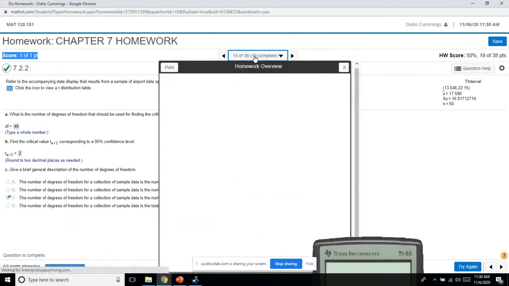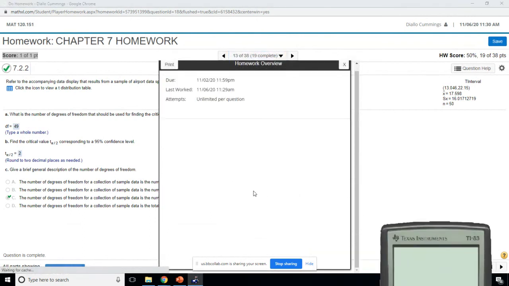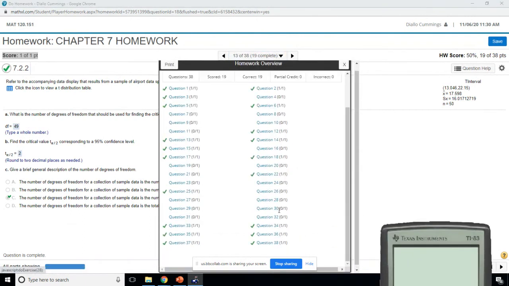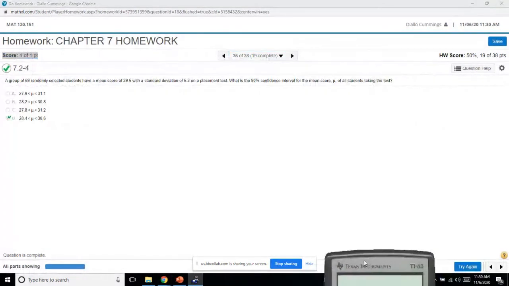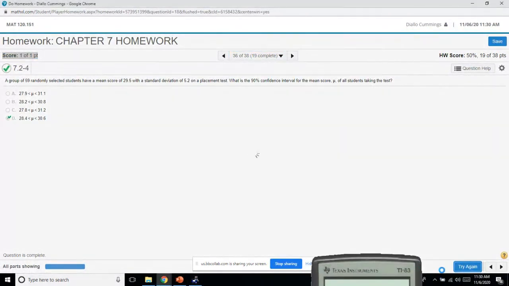We're going to take a look at problem number 36. Can I actually generate another example? Here we're given that a group of 59 randomly selected students have a mean score of 29.5 and a standard deviation of 5.2 on a placement test.